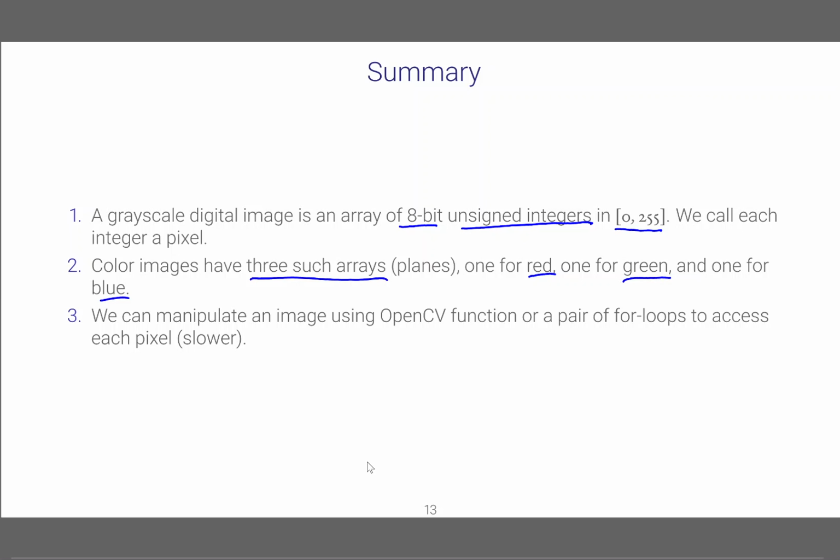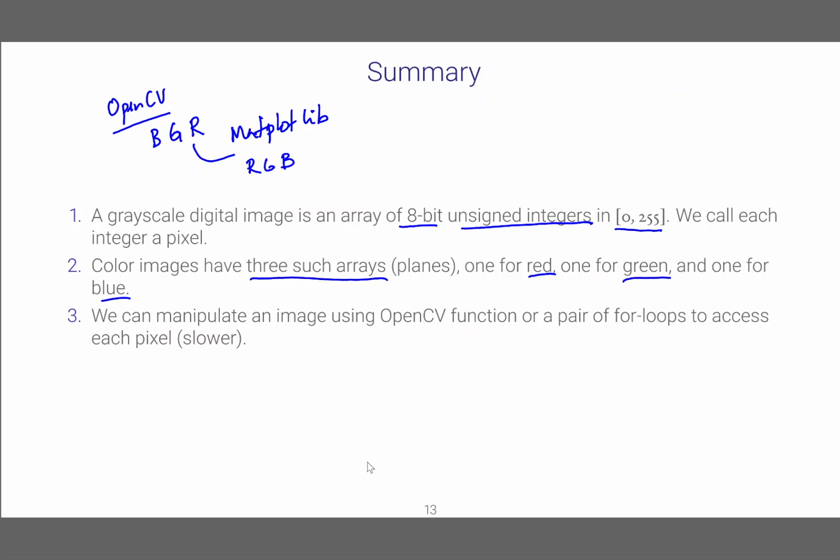And we saw that when you open images in OpenCV, the representation would be blue, green, red. And if you want to display them using Matplotlib, you should have the color conversion to RGB because that is the interpretation there.